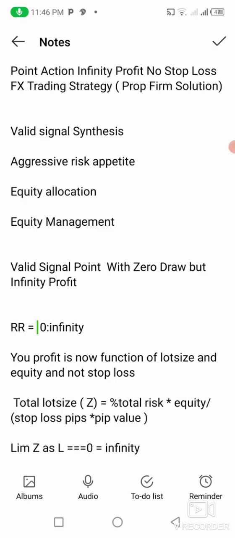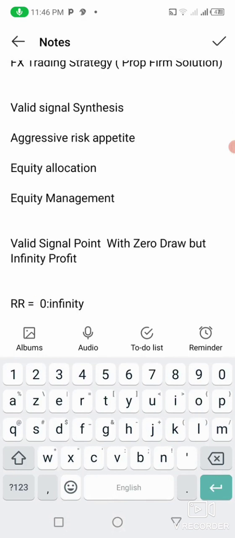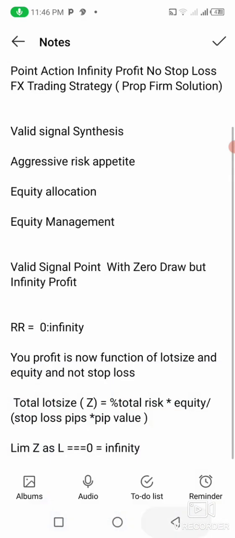So your profit is not limited by the stop loss, rather it is dependent on your equity entirely and your loss size. The equity determines the loss size anyway.